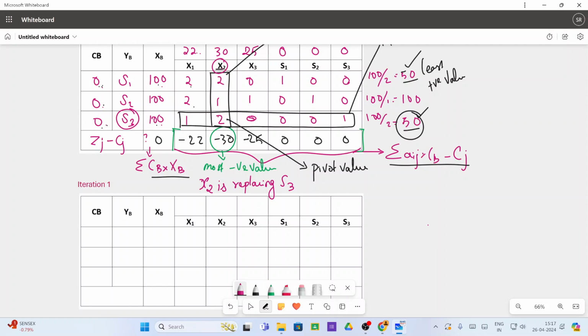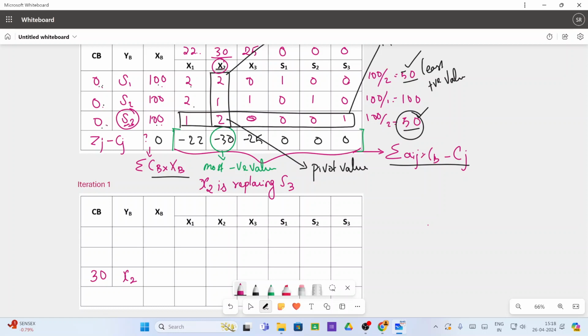That means in the place of S3 in the next iteration, it will become x2. So x2 will be here, and what is the Cj value? The Cj value of x2 is 30, so that 30 will be over your Cb column.